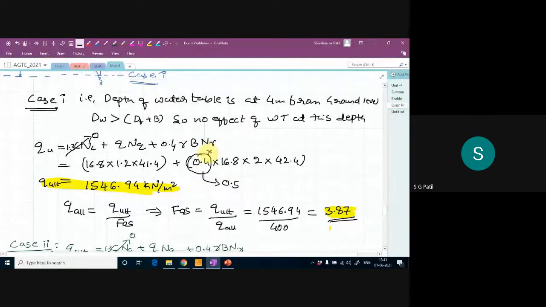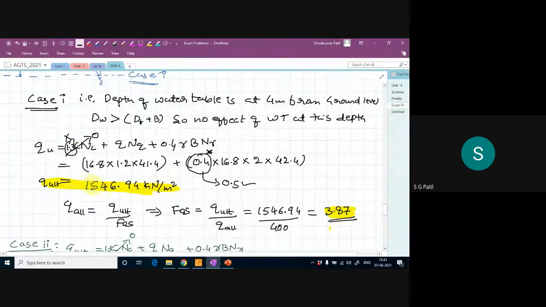This is wrong. You should not take 0.4 here, you should take 0.5. And anyway, this term is going to be 0, so even if you write 1.3 or not, it doesn't matter. This is also wrong. 1.3 should not come here. So it's only cNc.